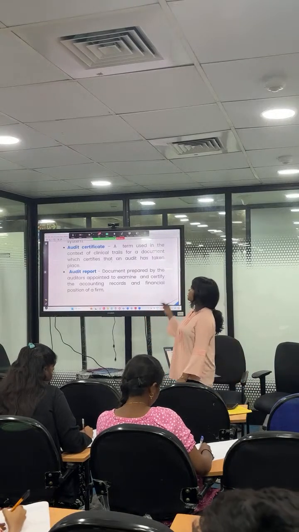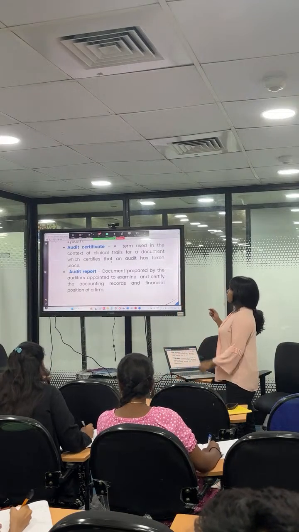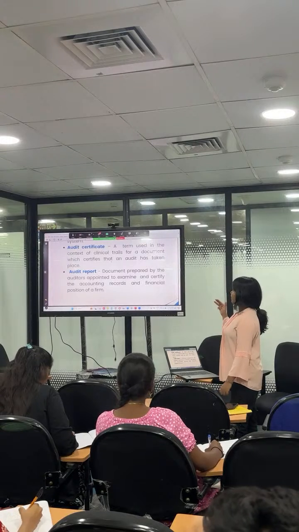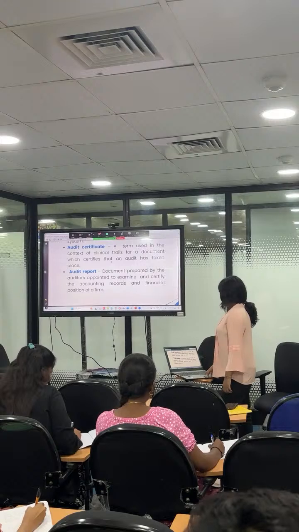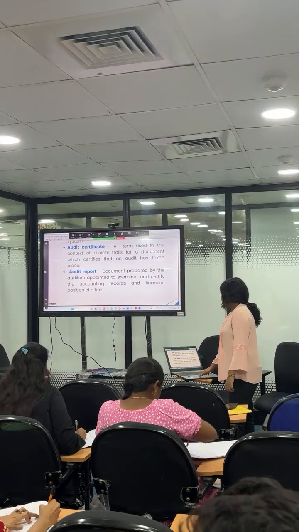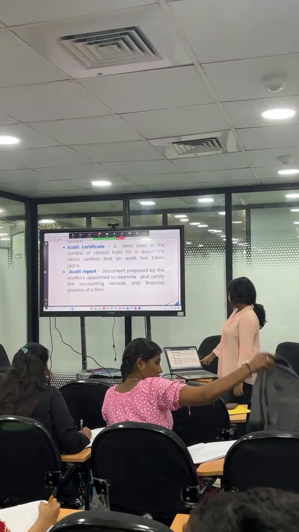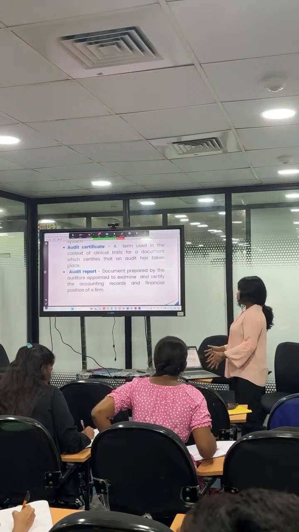A term used in the context of clinical trials for a document which certifies that an audit has taken place, and for audit report, a document prepared by the auditors appointed to examine and certify the accounting records and financial position of a firm.